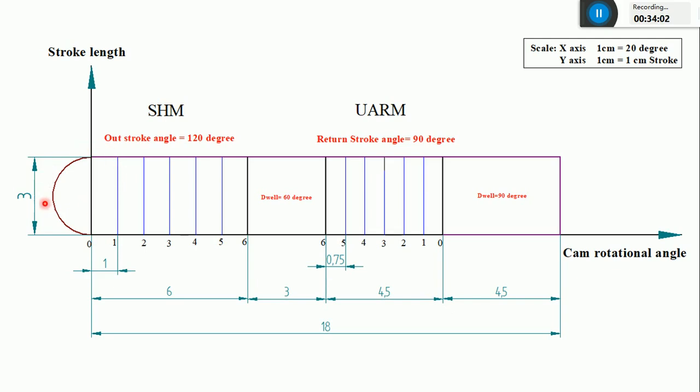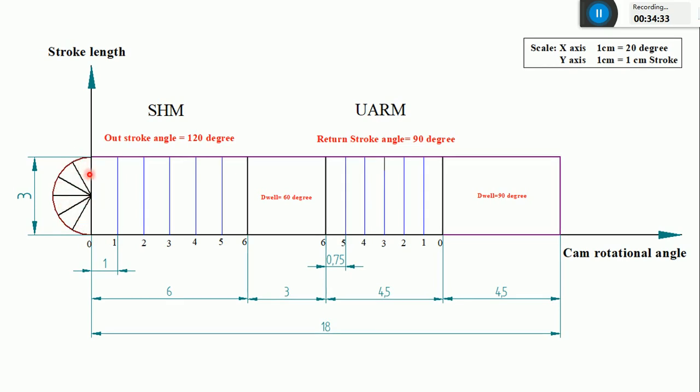Place the protractor in such a way that the 0 degree of the protractor is in line with this vertical axis, the y-axis, and the midpoint of the protractor is exactly at this point. Just indicate the angles 30, 60, 90, 120, 150, 180. You can mark them over the circumference of the semicircle, like this.